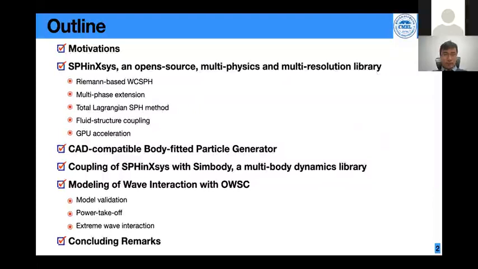After that, I will give the coupling procedure of SPHinXsys with SimBody, a multi-body dynamics library. And then the main course of today's presentation, the modeling of wave interaction with the oscillating wave surge converter, will be given. After that, the concluding remarks will be presented.